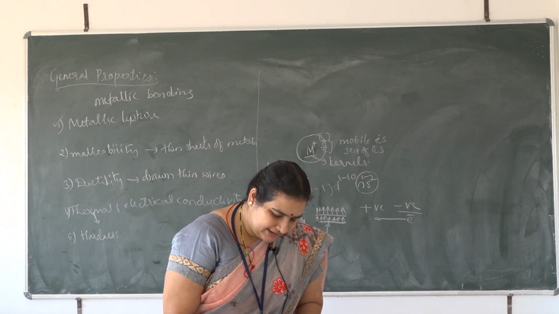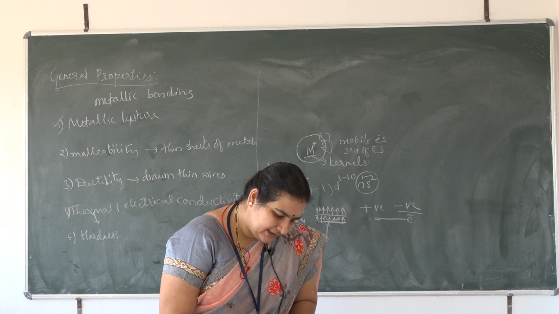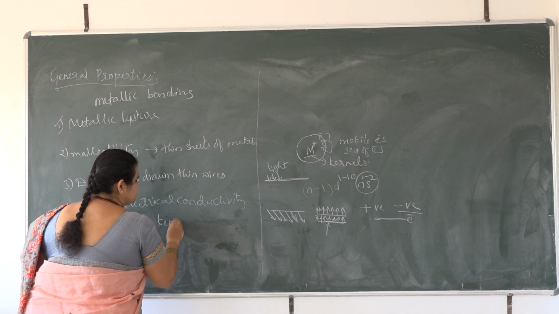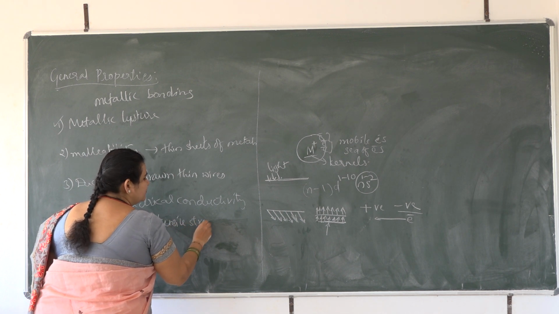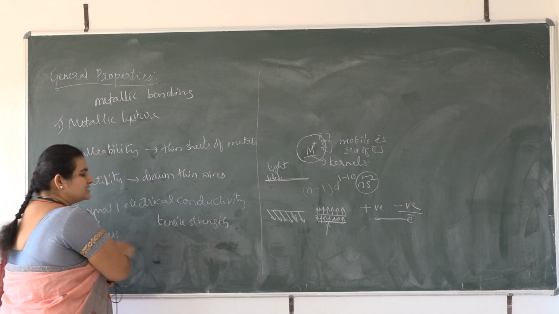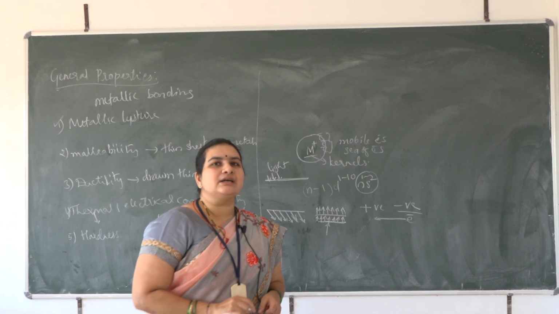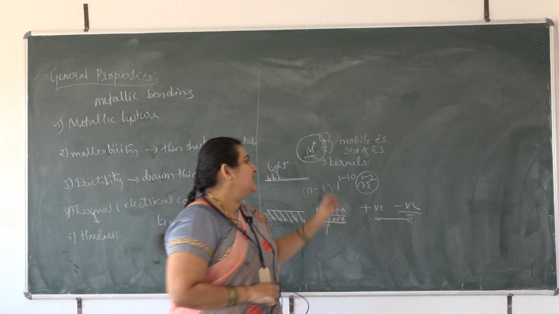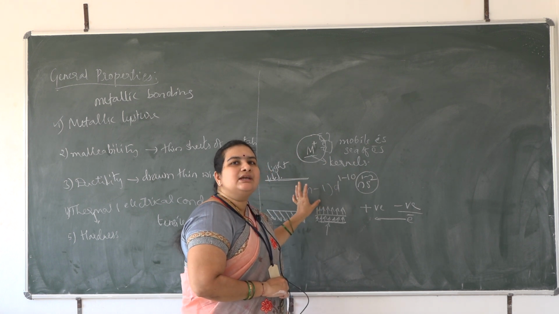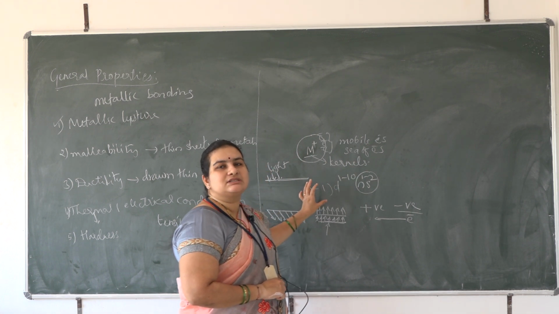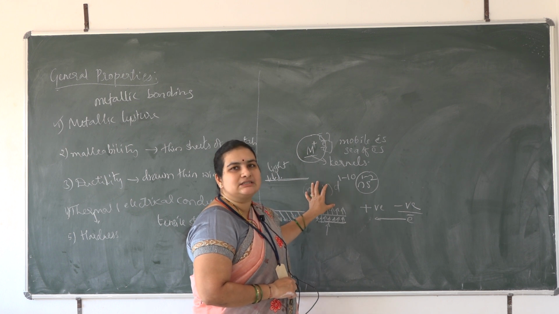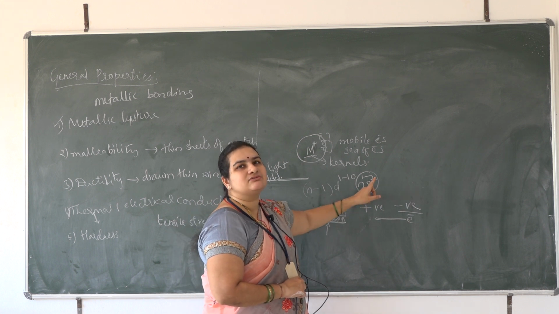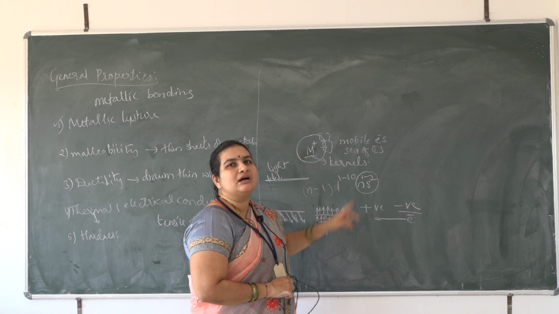Now the next property, high tensile strength. This is also because of strength and hardness. These two properties are because of metallic bonding. Why is the metallic bonding strong here? See here, as I have told you, metals have (n-1)d1 to 10 and ns1 to 2 electrons available for the bond.